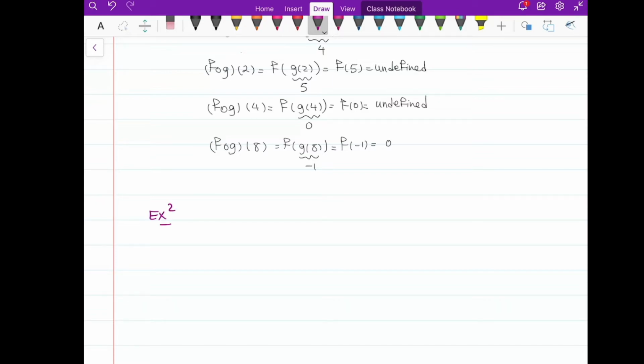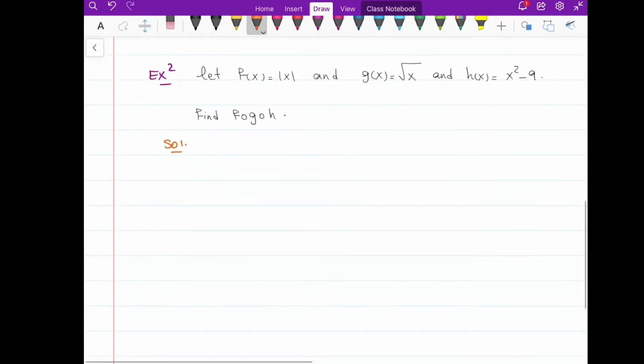Example 2. Let f of x be the absolute value of x, and g of x be the square root of x, and h of x be x squared minus 9. Find f∘g∘h. Okay, let's do it.